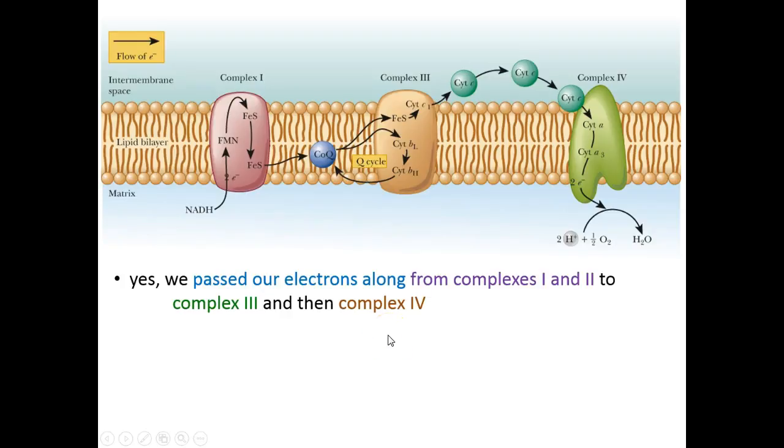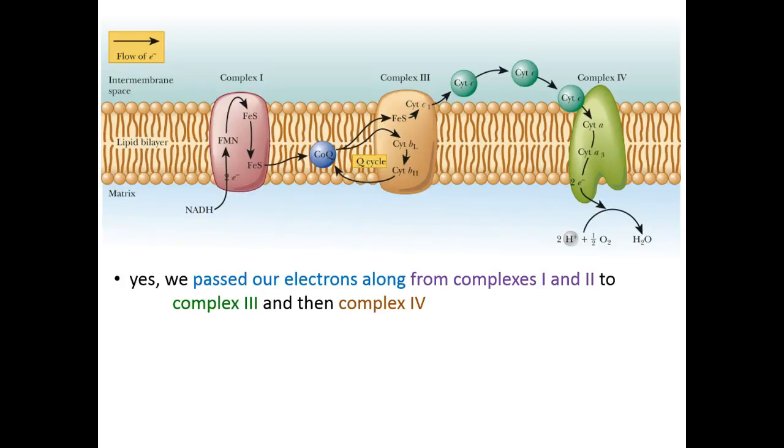Complex 3 was this strange case where we can only transfer 1 electron at a time. So CoQH2 passed 1 electron on to complex 3, and then another CoQH2 had to pass its electron on, and then CoQHs passed electrons and protons within each other. We talked about that quite a bit in the lecture. But eventually, these electrons make their way through complex 3, and cytochrome C is reduced as a result.